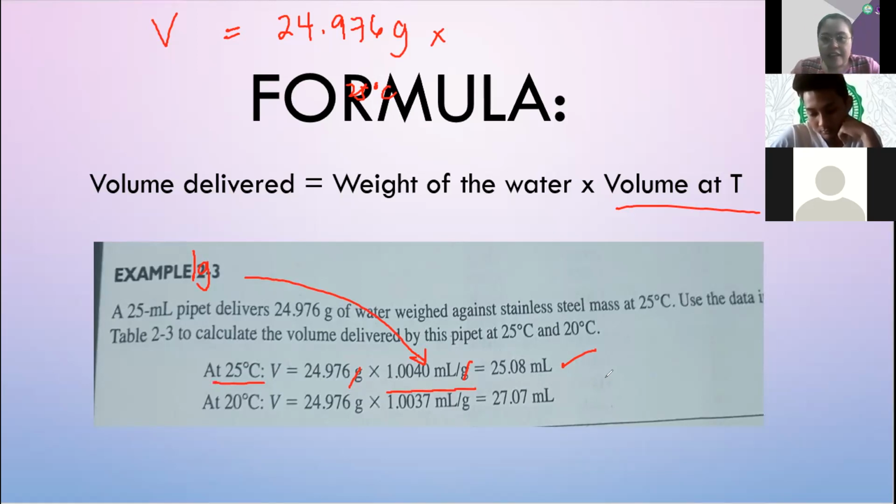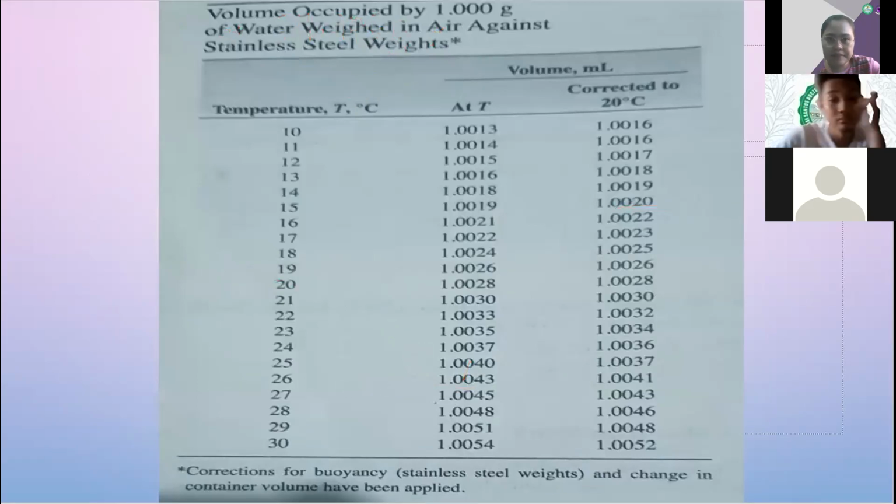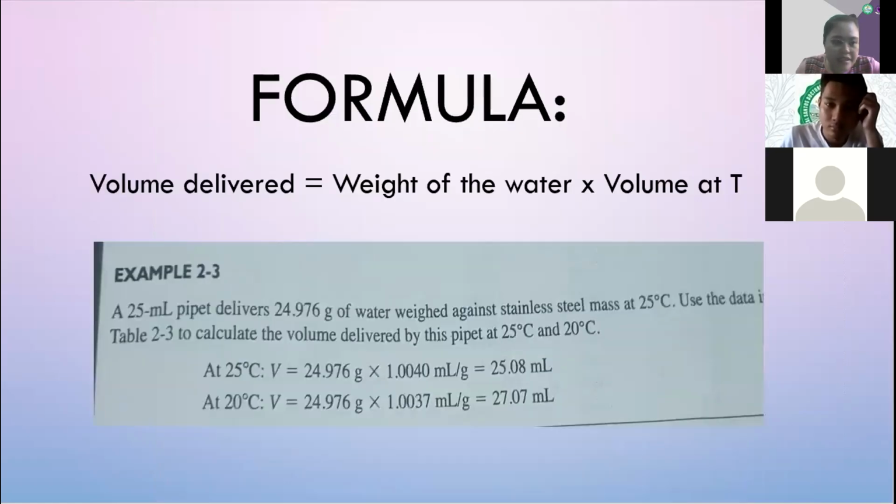Now, what if it's 20 degrees Celsius? Because most of our pipettes are calibrated at 20 degrees Celsius. It's the same formula: the weight of the water multiplied by the volume at temperature. Go back to this table. Let's find 20 degrees Celsius.